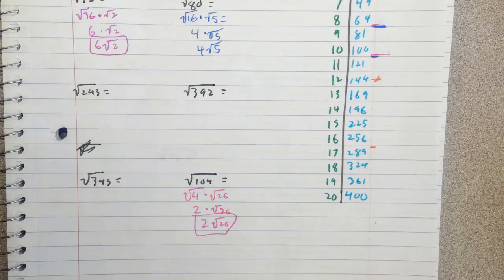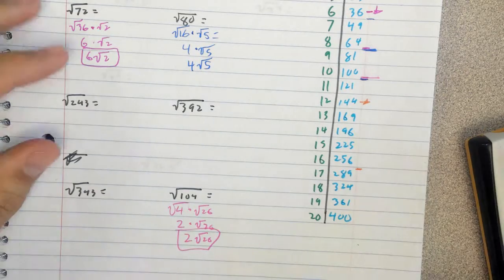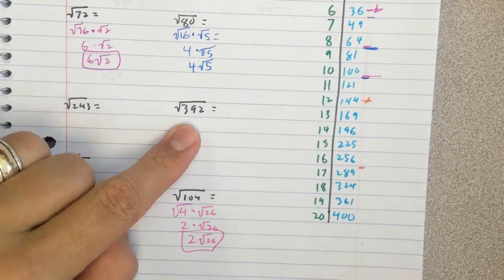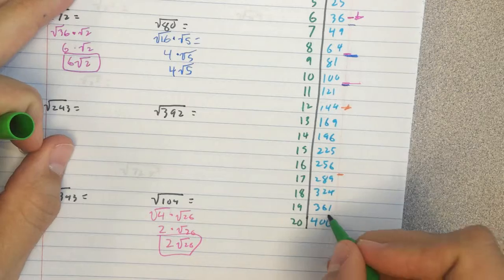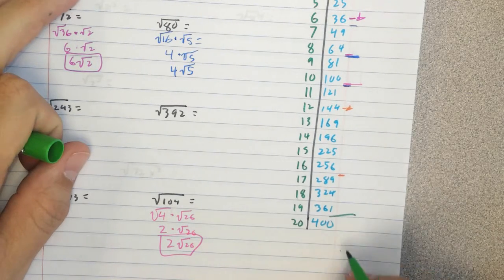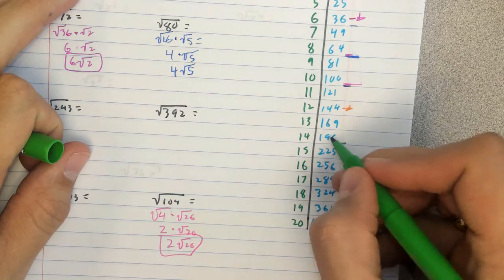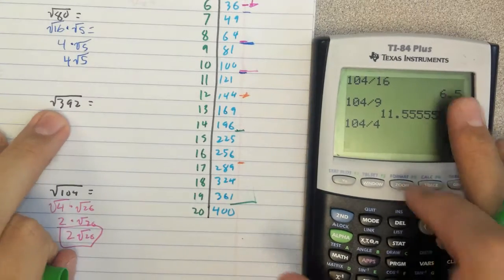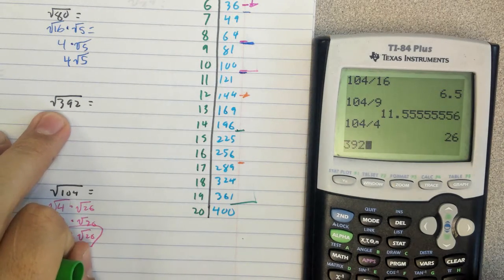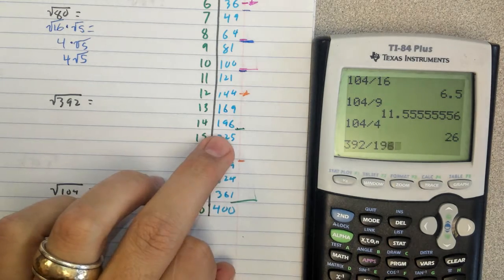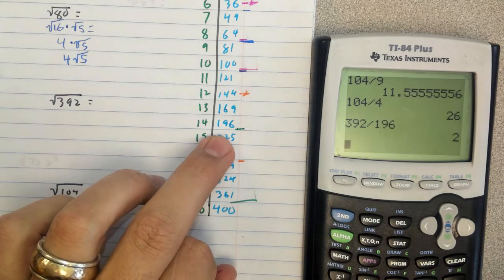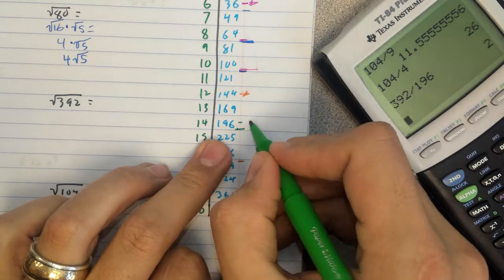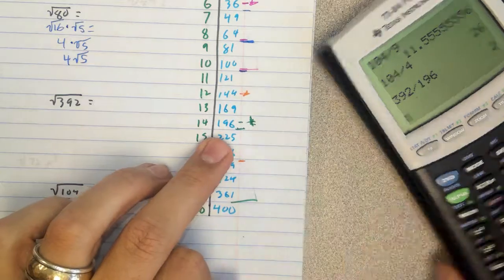Just for the fun of it, let's go ahead and do one more and call it quits. Let's look at 392. 392 falls way over here, so let's start somewhere around 200. So we're going to start at 196. So 392 divided by 196. Oh, there we go. We nailed it. First one. So that's another one that starts with a 2.